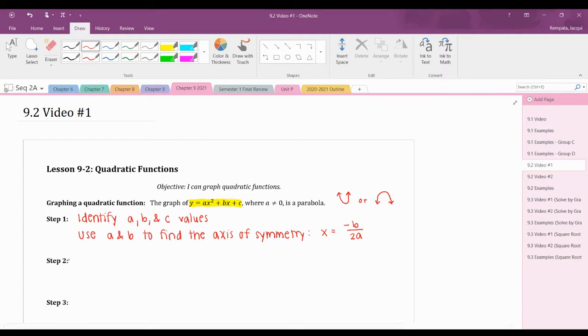Step number 2, we're going to put that axis of symmetry value, because it's an x value, in the middle of our table.